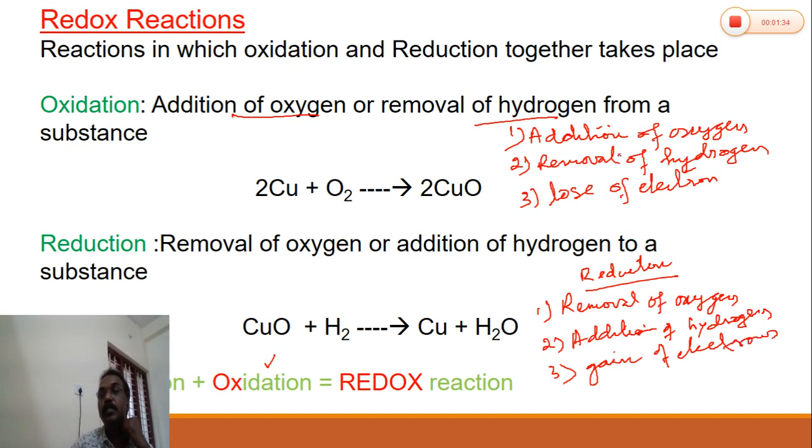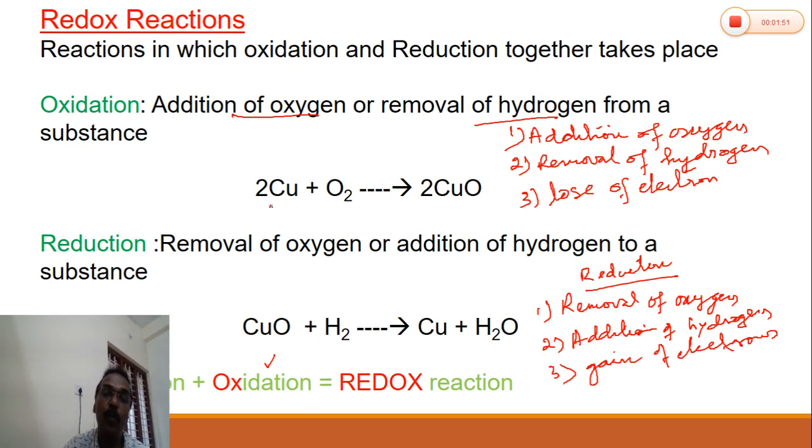So these are the three definitions. Oxidation, in terms of oxygen, is addition of oxygen, in terms of hydrogen, removal of hydrogen, in terms of electrons, loss of electrons. But in the case of reduction, in terms of oxygen, removal of oxygen, in terms of hydrogen, addition of hydrogen, in terms of electrons, gain of electrons.